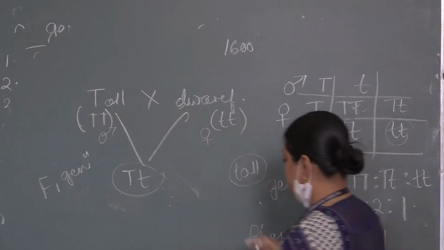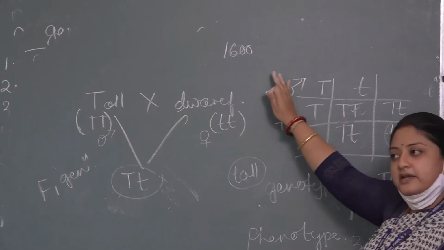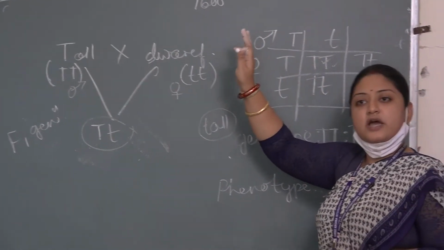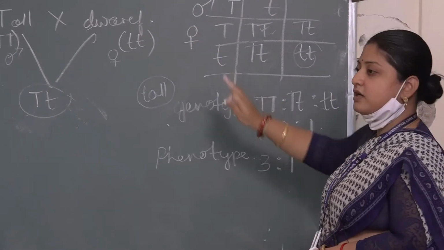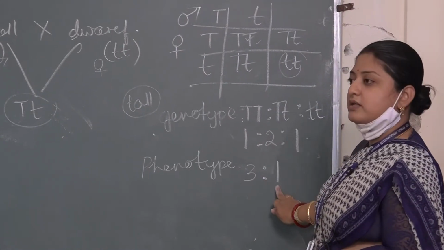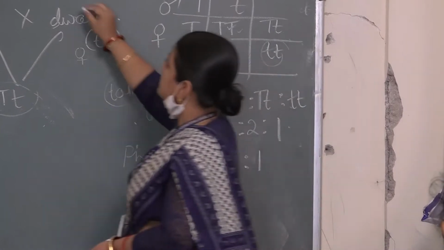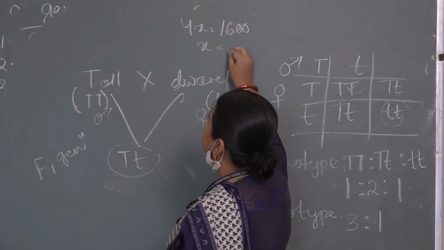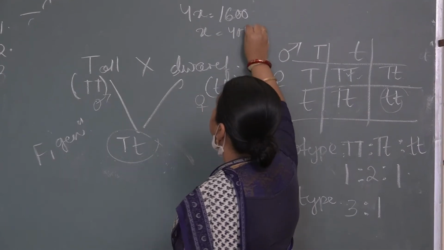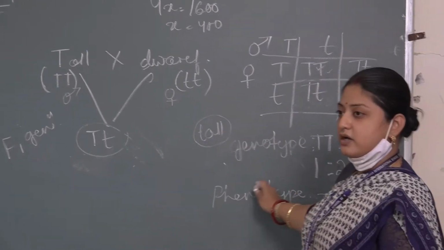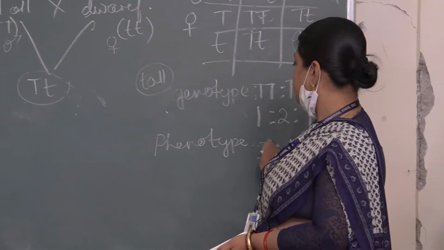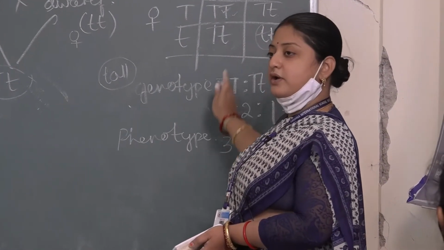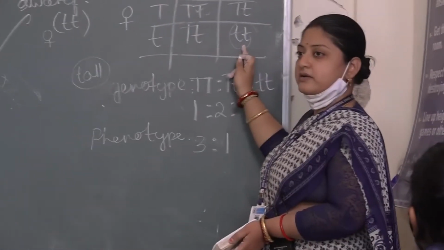Here in case of only one character, that is the height of the plant, we have considered. So total 3 plus 1, that is 4x equals 1600, now x equals 400. And if you have to calculate the dominant plants only, 3 is the dominant one, it contributes to the tall character only.